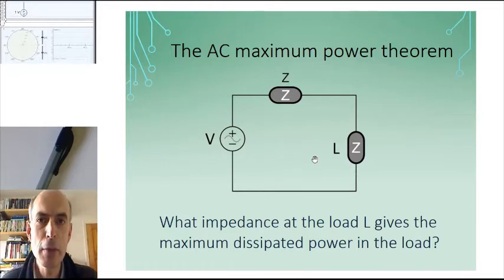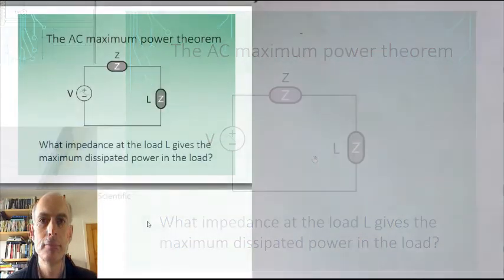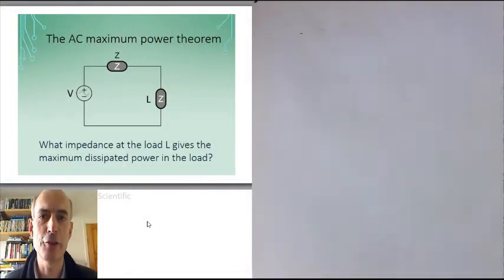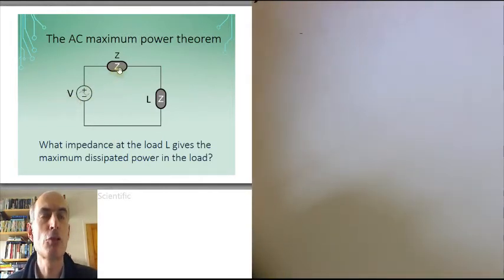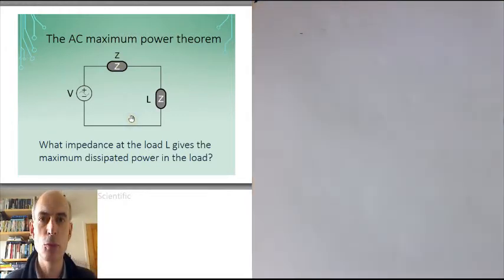To see why, we have to go back to the analysis of where the maximum power theorem came from. Let's have a go at analysing this circuit. We have a voltage source here represented by a phasor V. We have a source impedance Z and we have a load impedance L. What is the active power that's dissipated in that load impedance L?